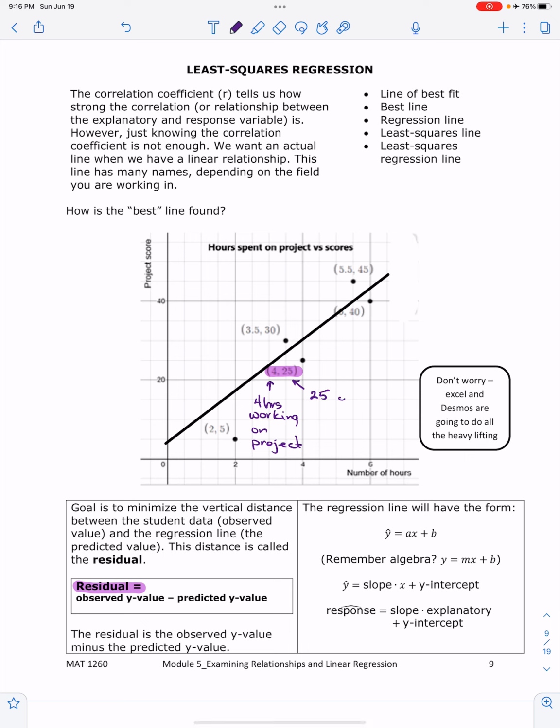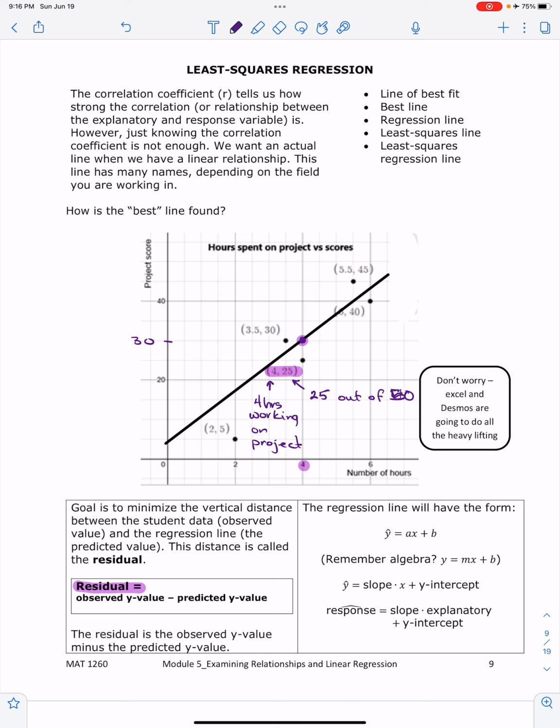We got a score of 25 out of 50. Notice if you take a look at the line in there, at 4 hours, here's my 4 hours on the x-axis, the line hits at 30.